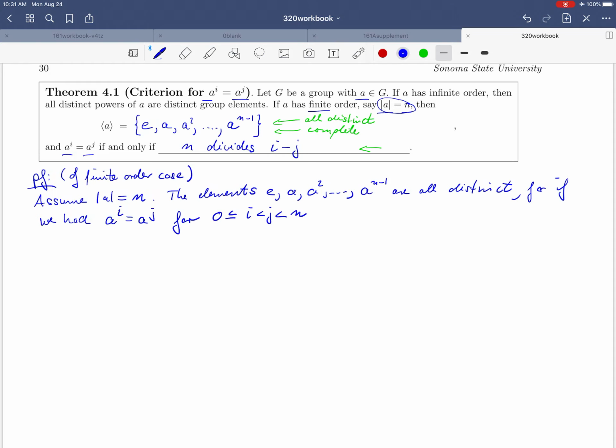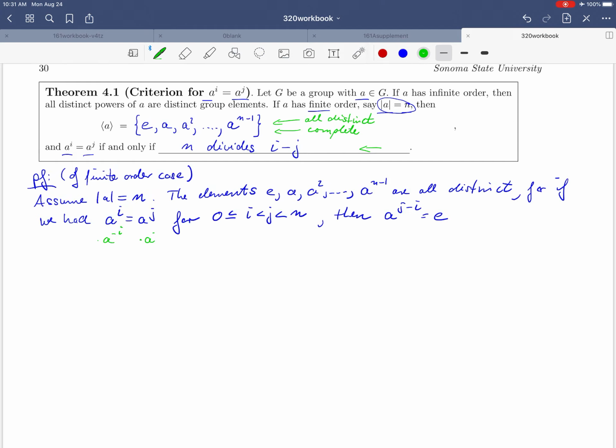Well, we can multiply both sides by A to the minus i, and that is going to give us the following statement: A to the j minus i is equal to E. I first wrote minus j, but I wanted minus i.